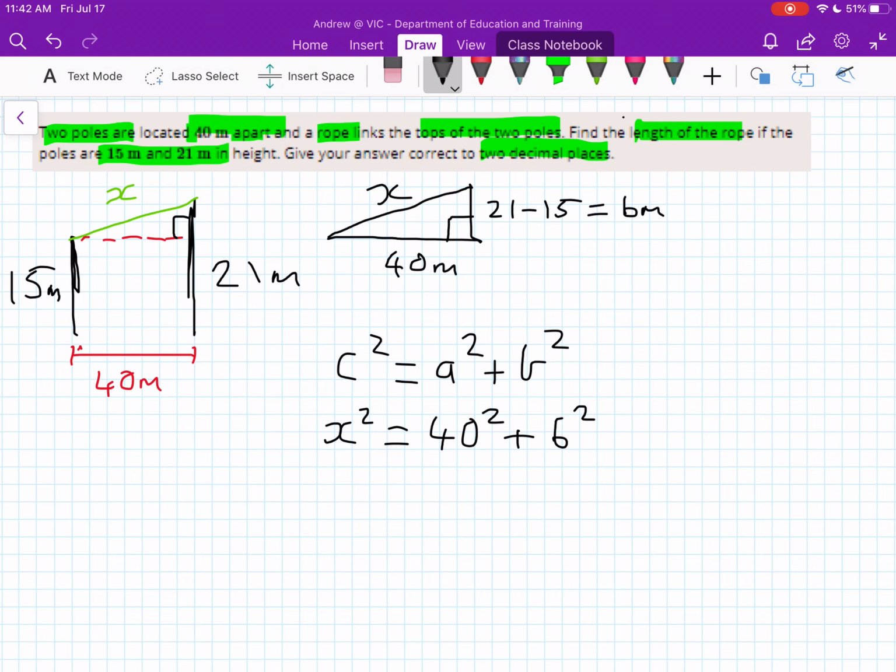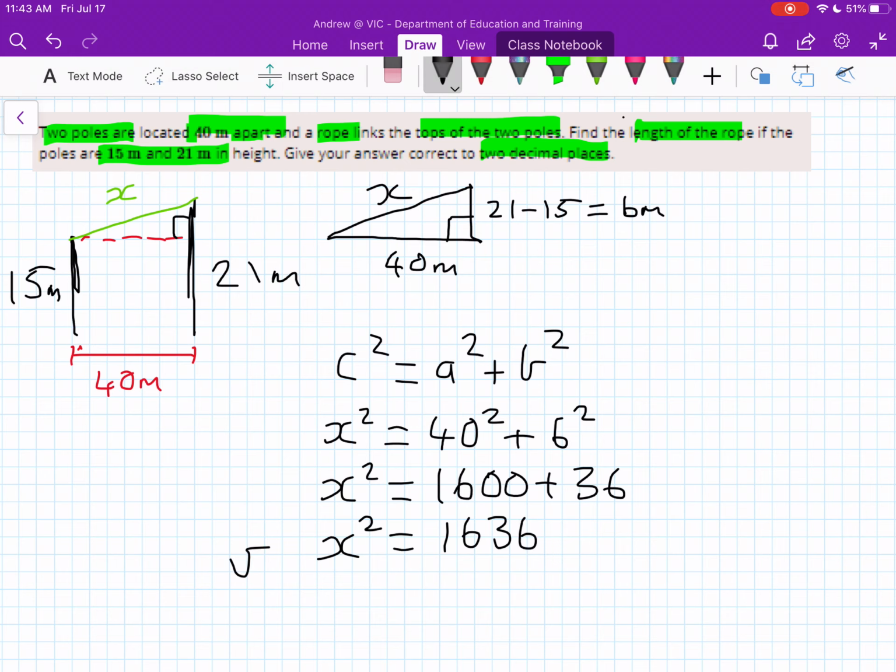We'll work those out. So x squared is equal to 1,600 plus 36, so x squared is equal to 1,636. Now we just need to square root both sides to find our unknown.